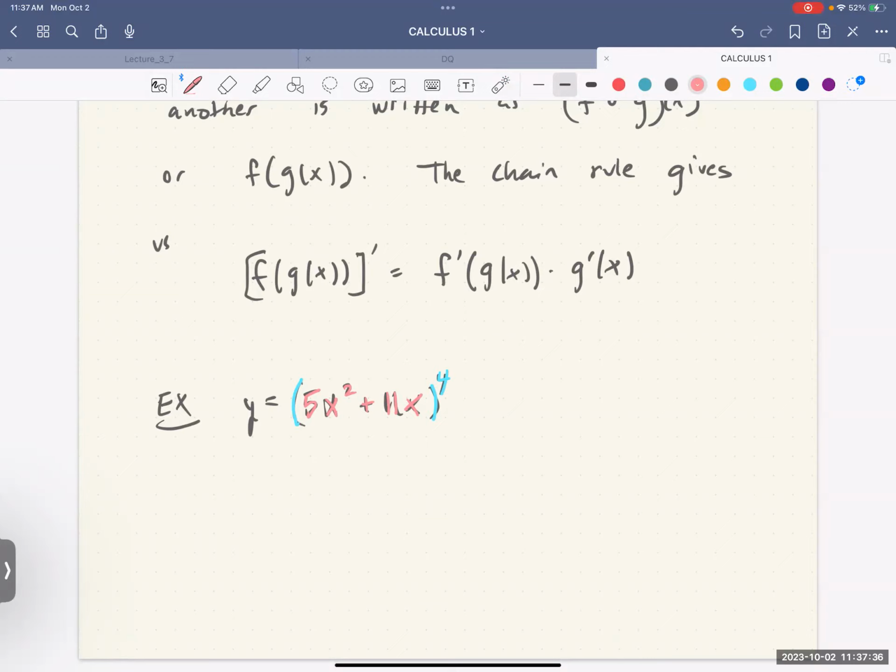y prime will be the derivative of the outer function. So we bring the 4 down and raise it to the power 3 for the power rule, then we repeat the inner function, and then multiply by the derivative of the inner function, 5x squared plus 11x.